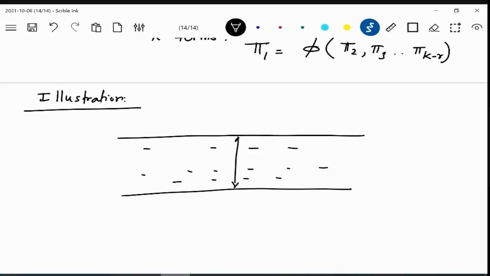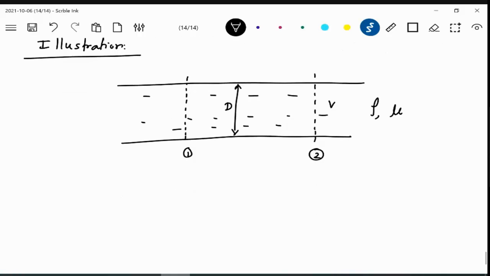The diameter of this pipe is d, that is given, and the velocity of flow of water is v, and density and viscosity are given. Let's call this cross section 1 and this cross section 2, and we are interested in finding delta P by L, that is P2 minus P1 by L, the pressure gradient, the change in pressure per unit length.